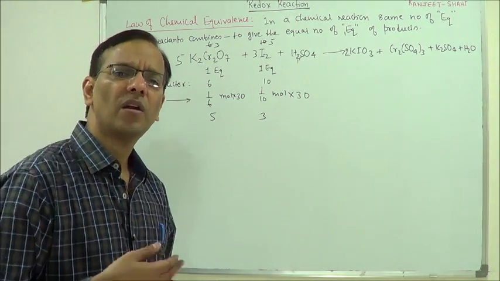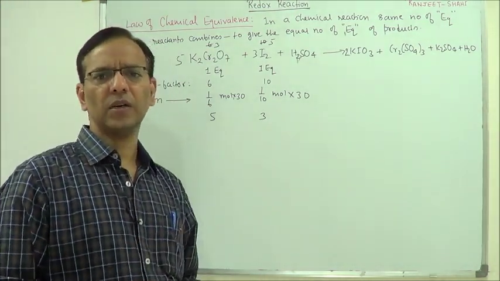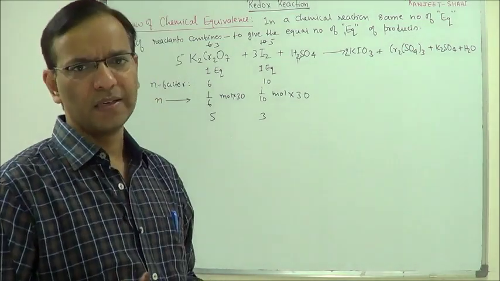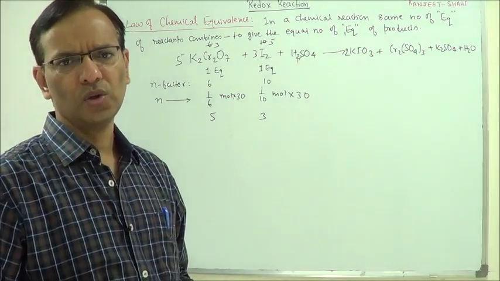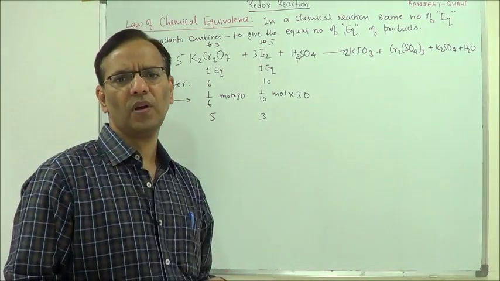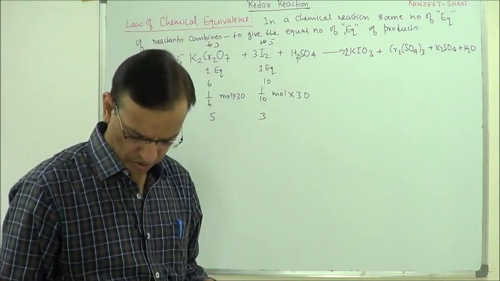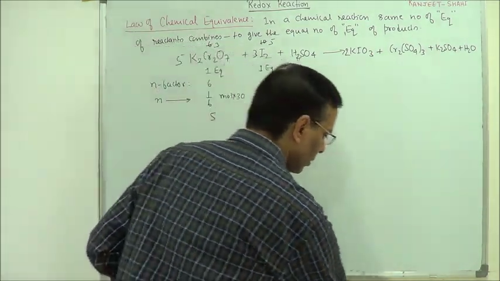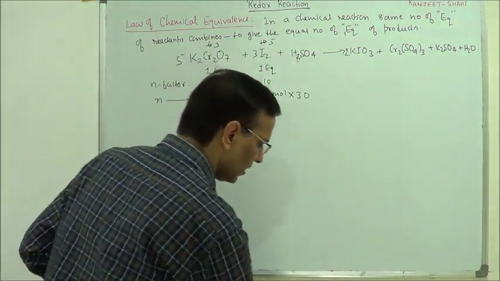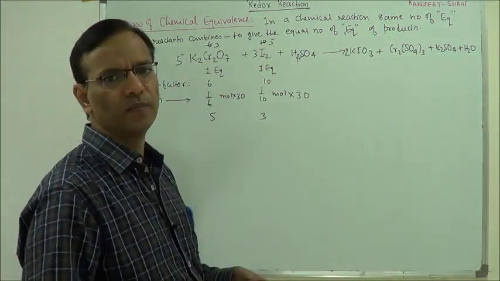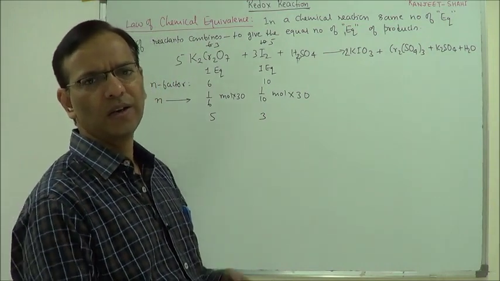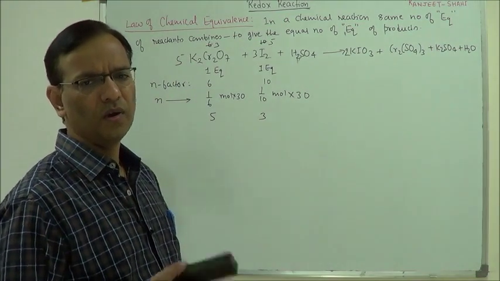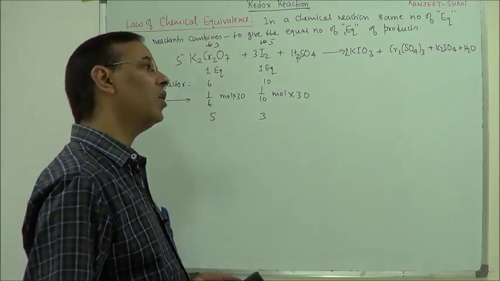So let us make a table of common oxidizing agents, common reducing agents, and their corresponding half reactions, N factors and so on, so that we can use them for solving stoichiometry of redox reactions by applying the concept of equivalence.